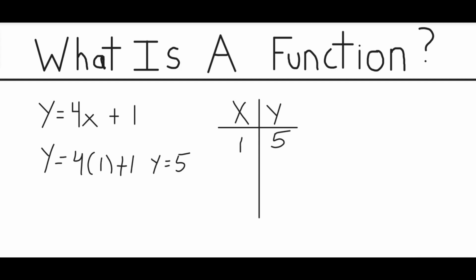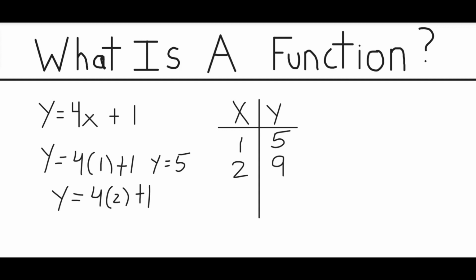Let's say we want x, our input, to be 2. We will plug in 2. And our output will be 4 times 2 is 8 plus 1 is 9. So if we plug in 2 as our input, our output is 9.